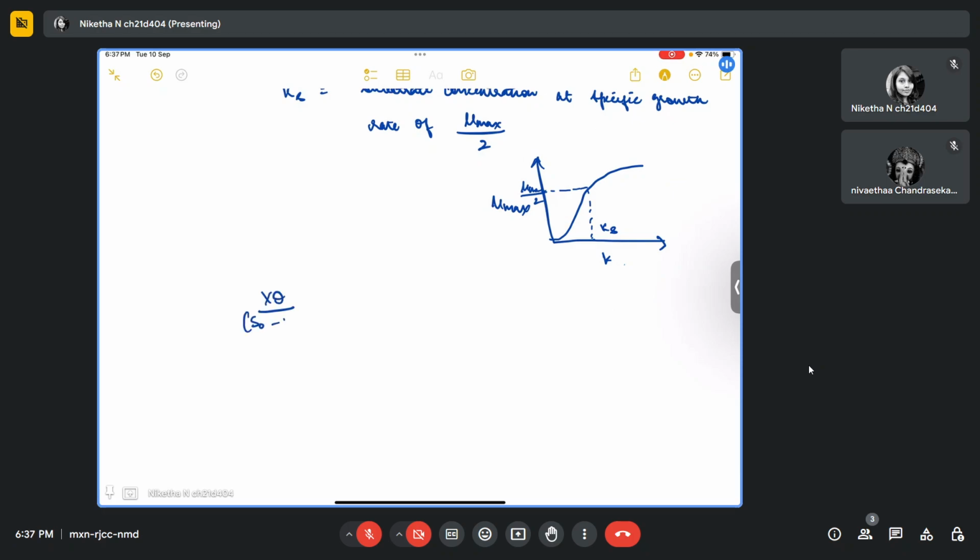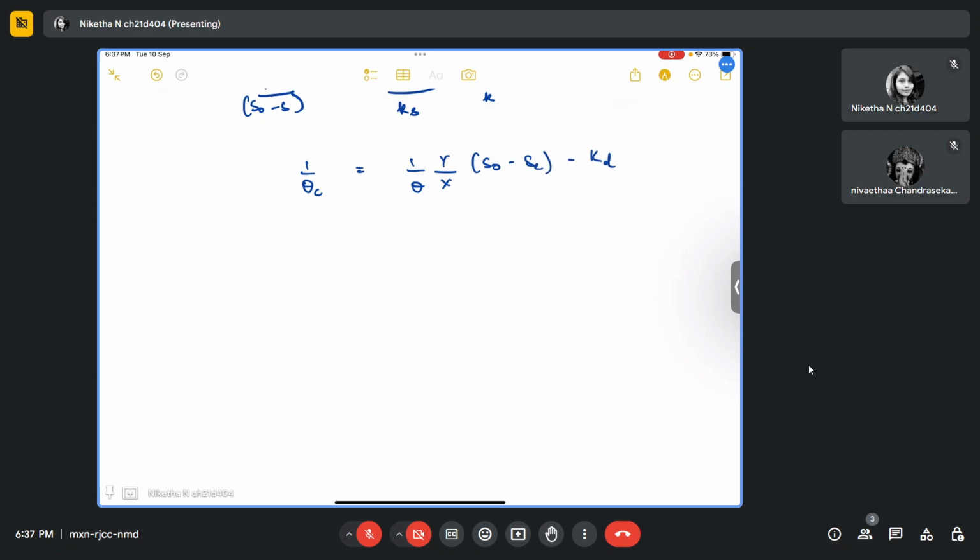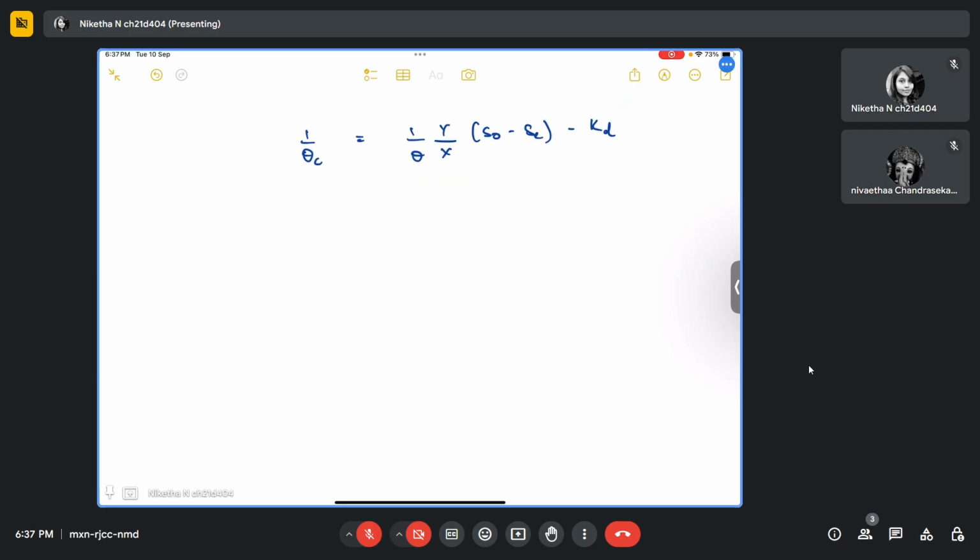Now we'll come to the loading criteria, which is substrate loading per unit biomass, also known as the food to microbe ratio.